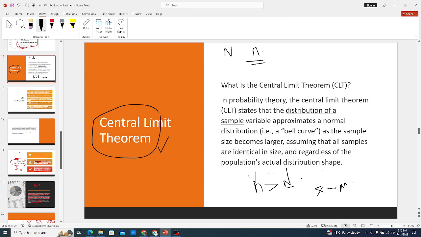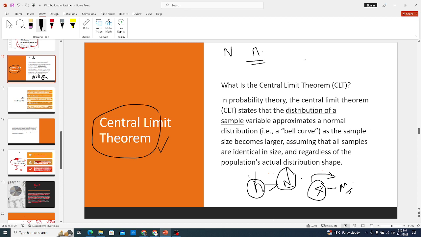As we increase the sample size towards the population size, the mean of the sample will approach the population mean, and we get more information about the entire population.